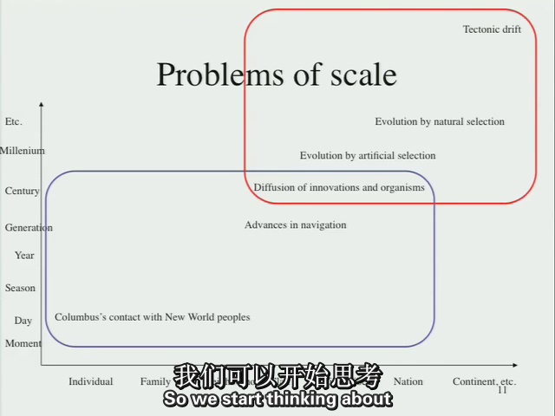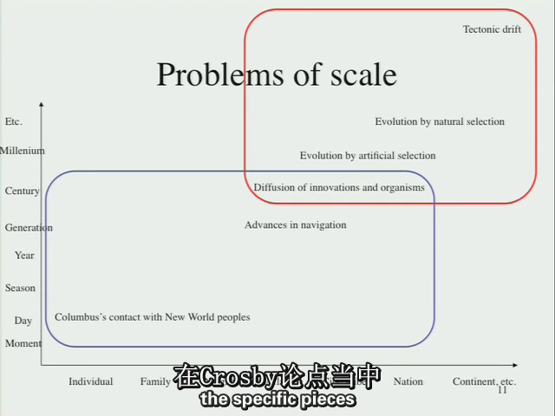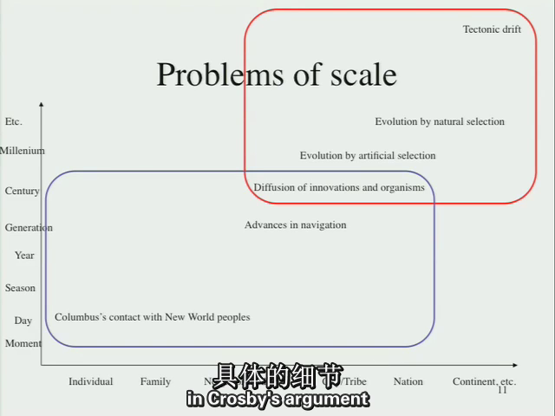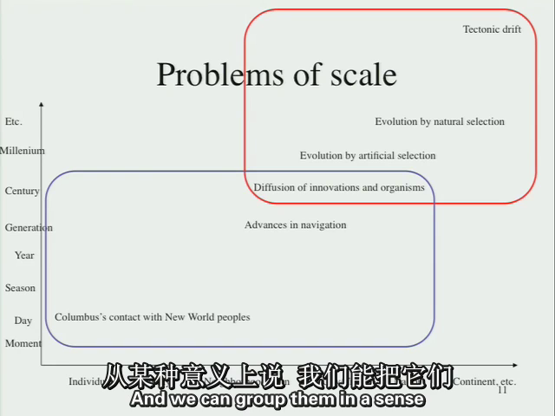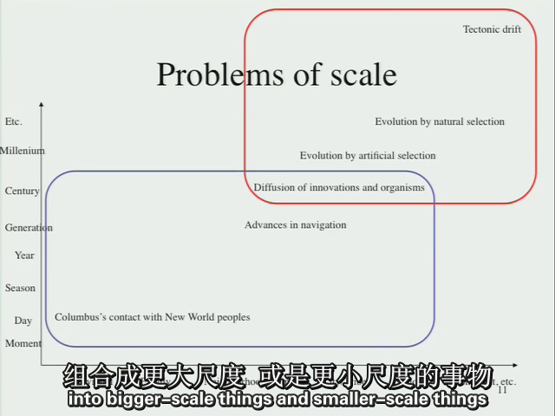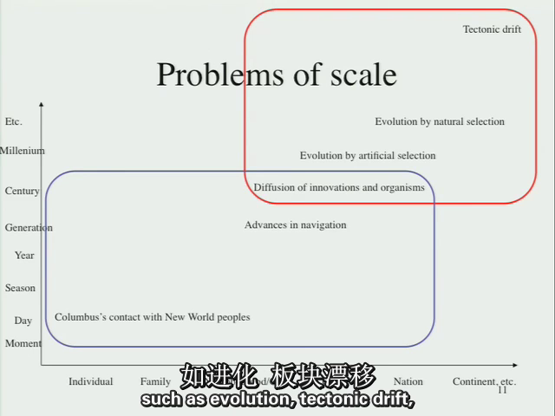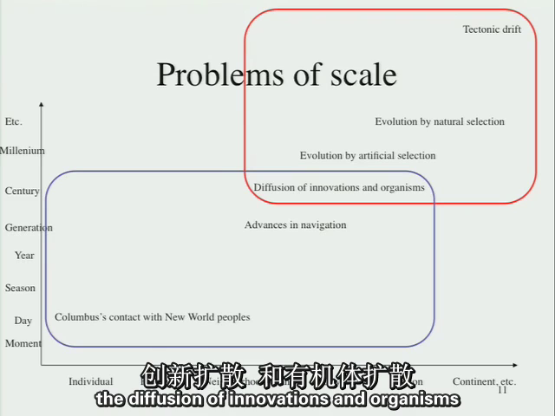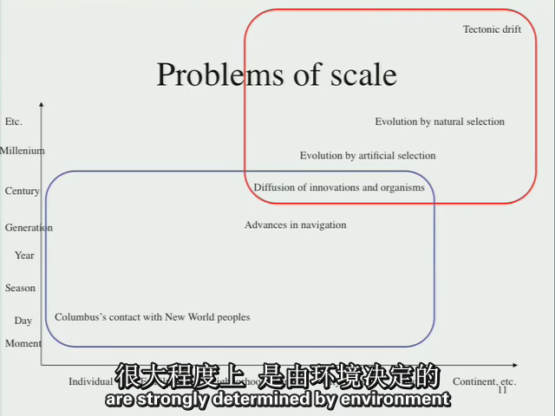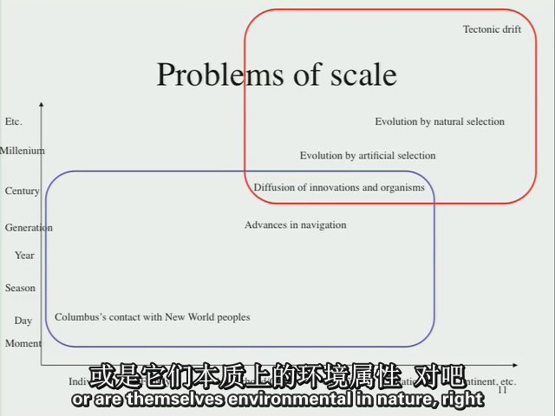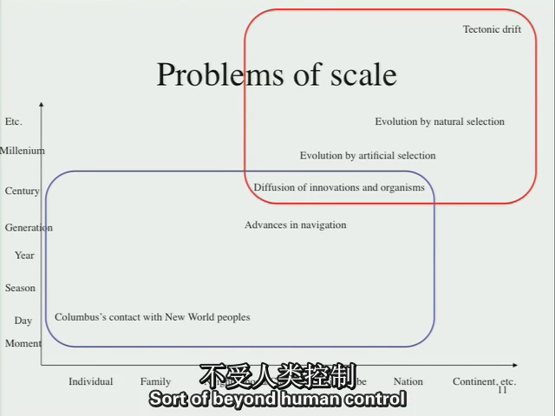So we start thinking about the specific pieces in Crosby's argument, and we can group them, in a sense, into bigger scale things and smaller scale things. And perhaps we can say that the bigger scale things, such as evolution, tectonic drift, the diffusion of innovations in organisms, are strongly determined by environment or are themselves environmental in nature, right? Sort of beyond human control.